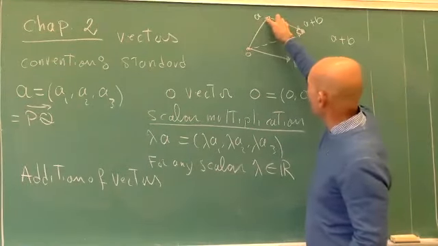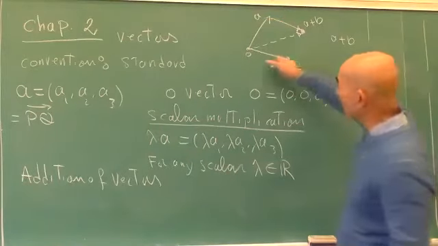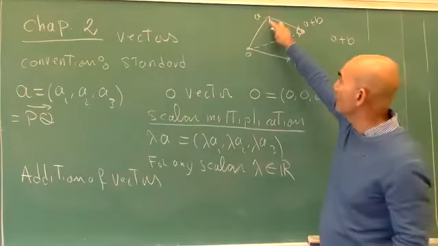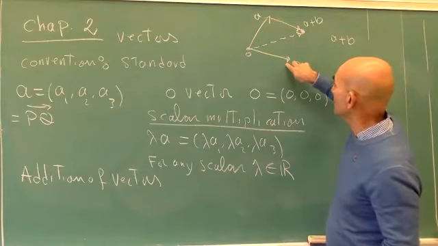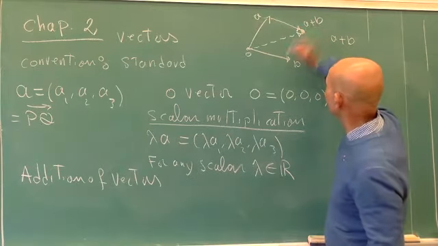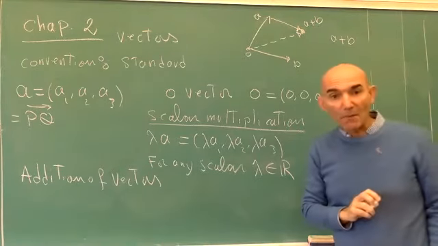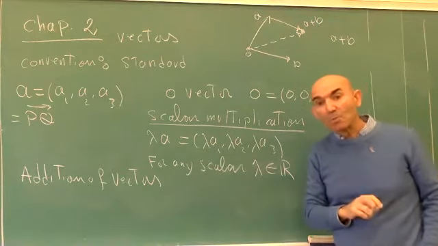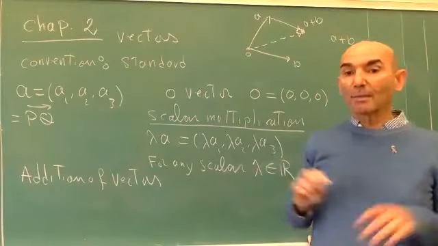So you go by A, and then follow by not B exactly, because if you are at the end of A, you cannot follow this B. But you can follow by something parallel, and then you end up at this point, which is A plus B. Now you notice something very interesting already happens, because we are working with parallelograms here, right?